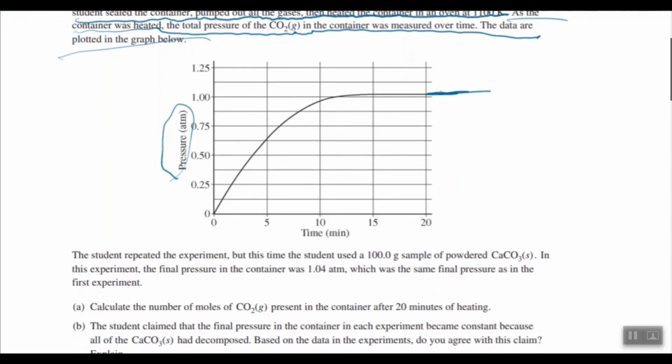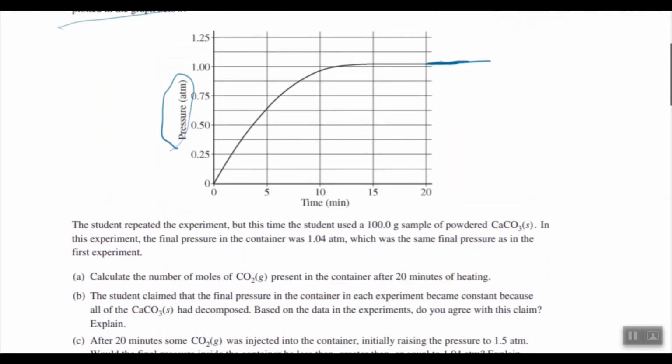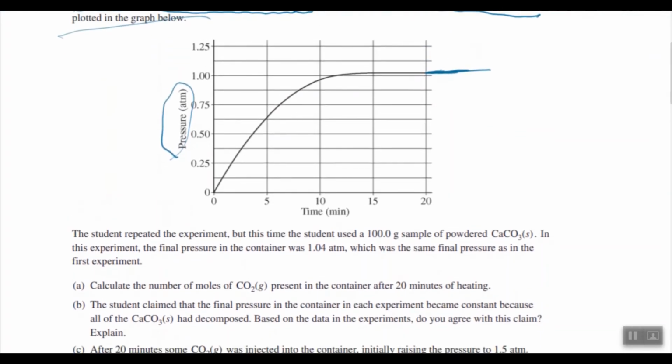So as you can see, the reaction is going up and up, so that means that the pressure of the CO2 gas is increasing and increasing, and then it flatlines, probably because it reached equilibrium, right? So let's go down here and read what they want. The student repeated the experiment, but this time the student used more, or 100 grams, of the powdered calcium carbonate.